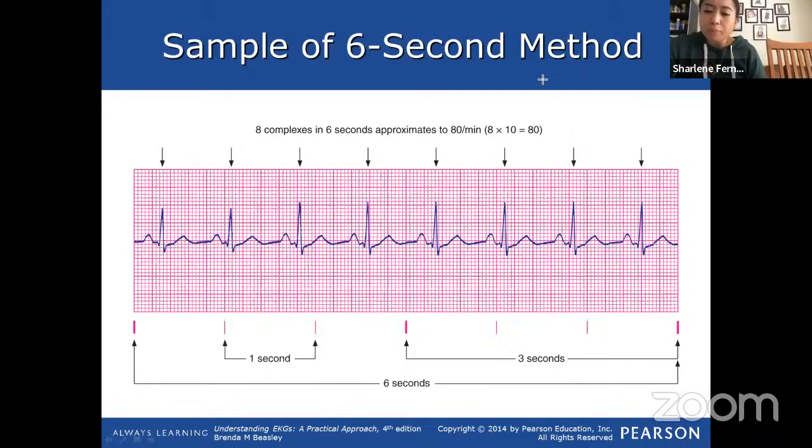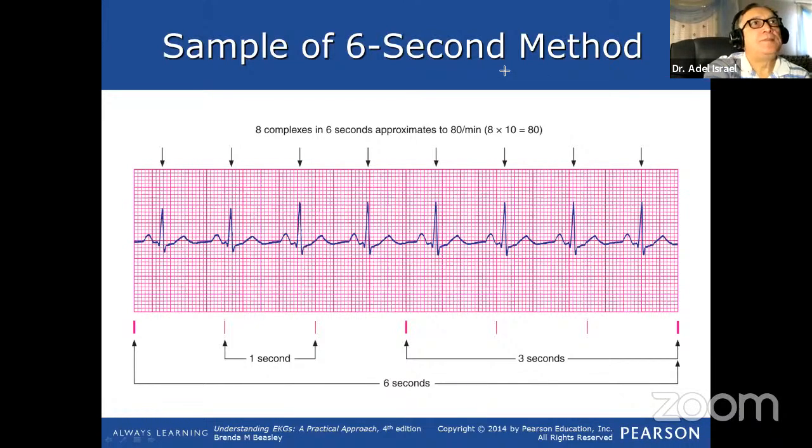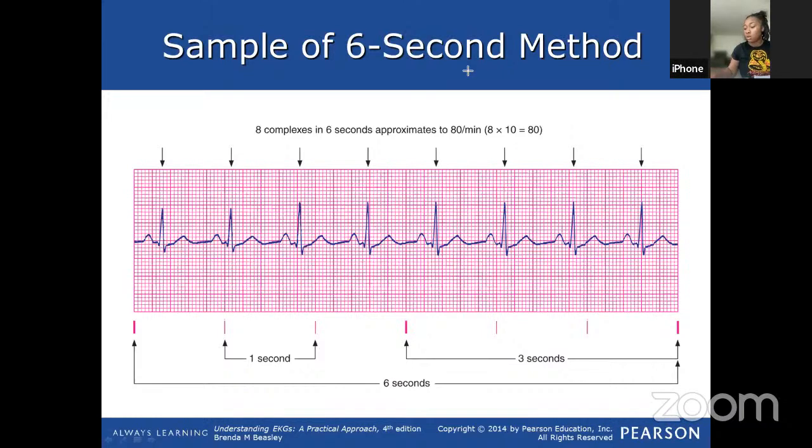Doctor, could you go over the PR interval and the QRS interval too? Sure. For the 4th step, you said the distance from the beginning of the PR interval to what?